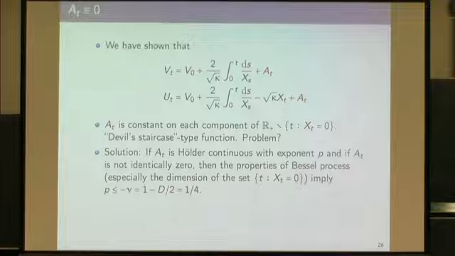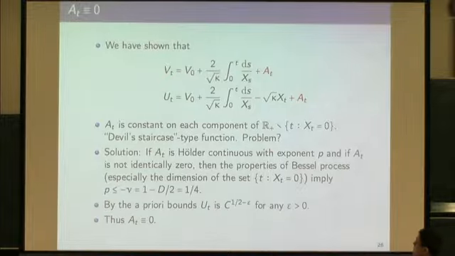And this number is 1/4. And what I said earlier is that our U_t is Hölder continuous for any exponent up to 1/2. So actually this can't be there, so it has to be identically 0. Okay.